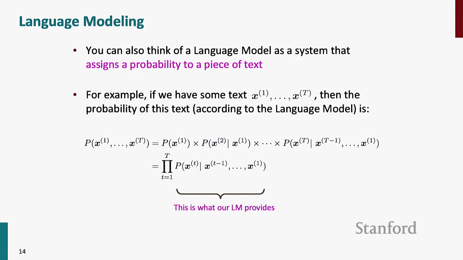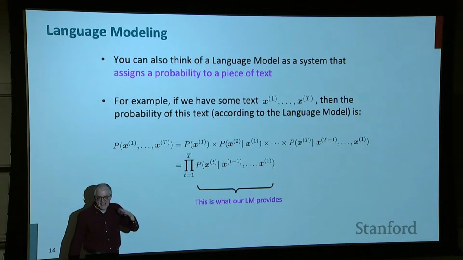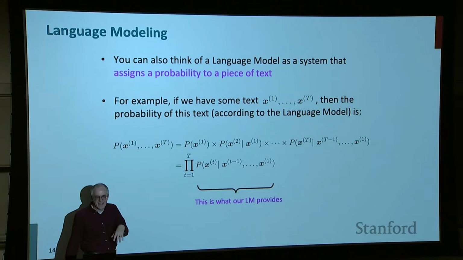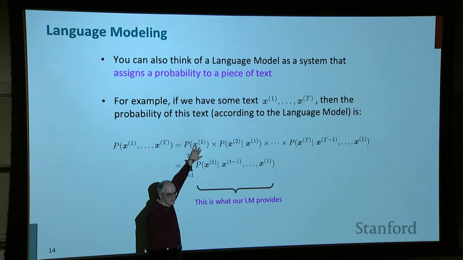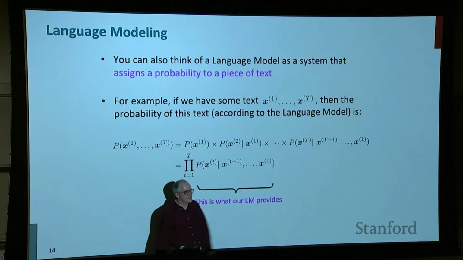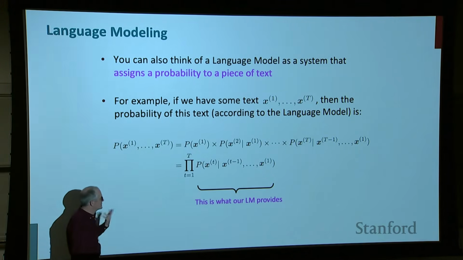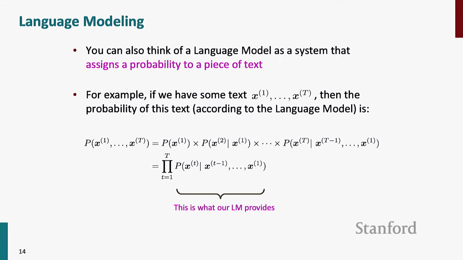So if I want to know the probability of any stretch of text, given my previous definition of language model, easy, I can do that. Probability of x1 with a null preceding context, times the probability of x2 given x1, etc., along. I can do this chain rule decomposition, and then the terms of that decomposition are precisely what the language model, as I defined it previously, provides.